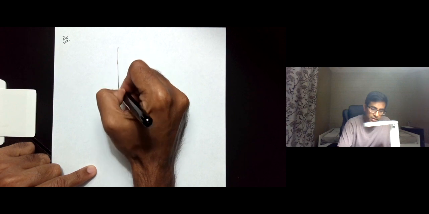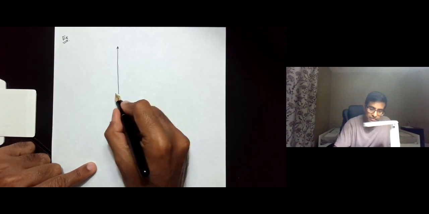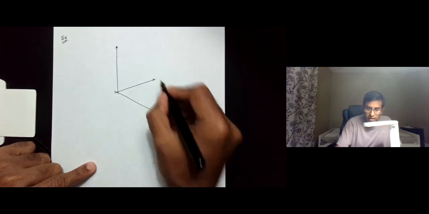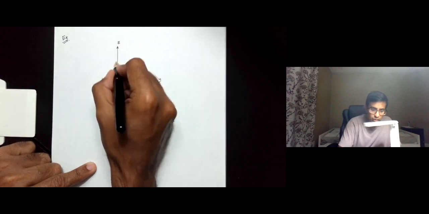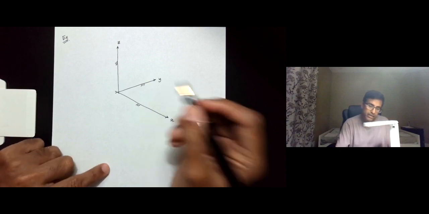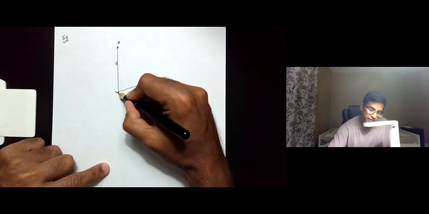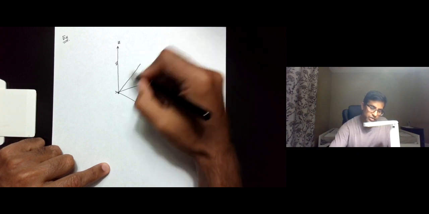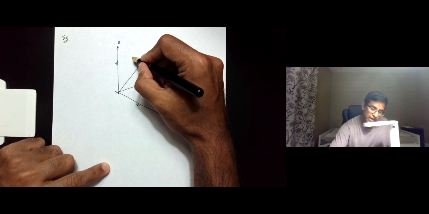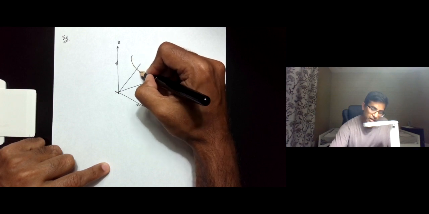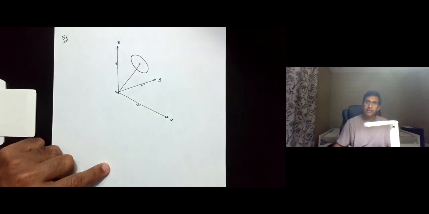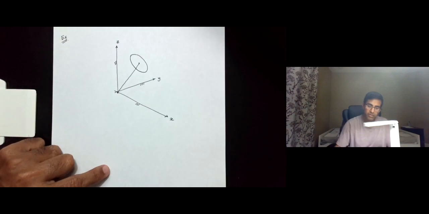So here is the XYZ coordinate frame, the fixed XYZ coordinate frame, and assume that there is a gyroscope which is basically a rod, and at the end point of the rod there is a disc, and the disc spins about this rod.